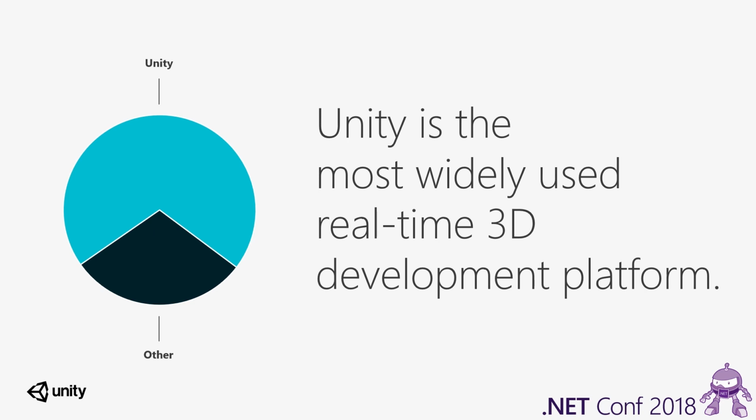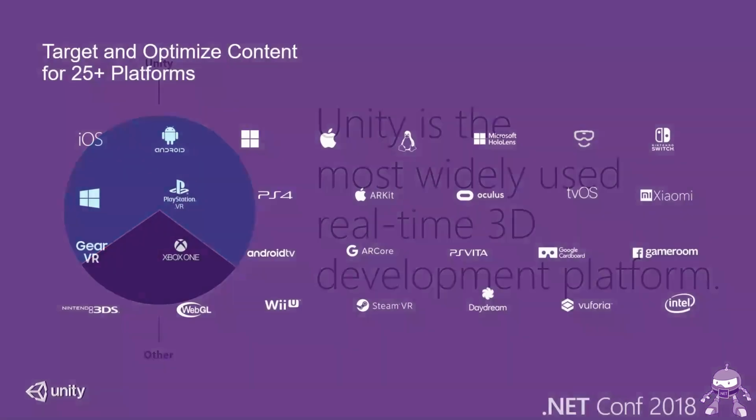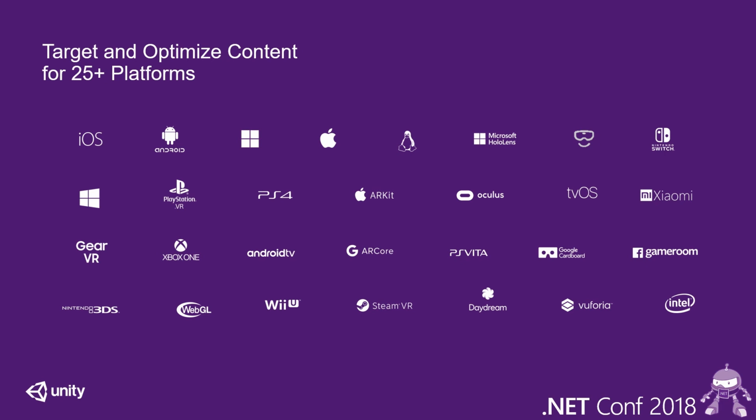What it means is that Unity is a tool that you can use to build all kinds of experiences, 2D and 3D games, and you can use Unity to build games for more than 25 platforms, from mobile, iOS, Android, console, Xbox, PlayStation, to AR and VR experiences, including HoloLens, and even to the web now. Okay, so we can target pretty much everything under the sun.